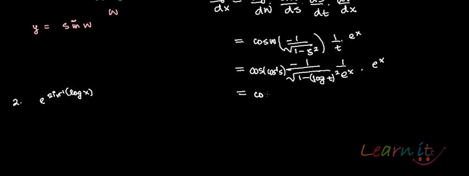You will have cos of inverse s. This could be written simply as s, and in place of t, you can write 1 minus log of e to the power x square, and this will cancel. So what you will have is minus s upon root of 1 minus log of e to the power x.